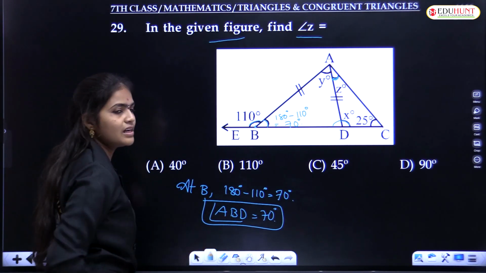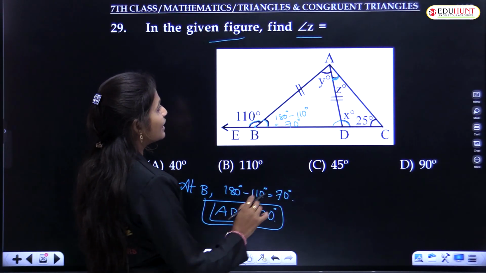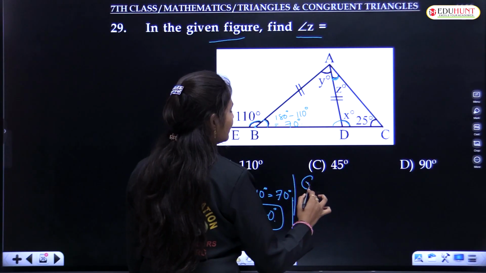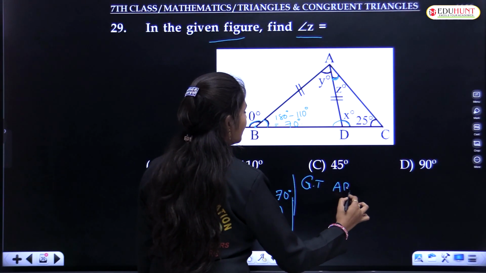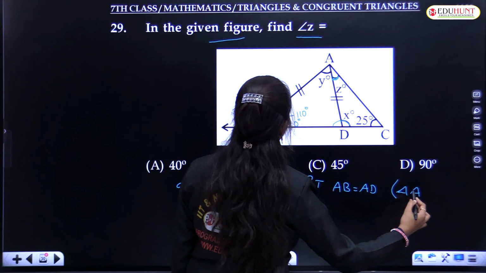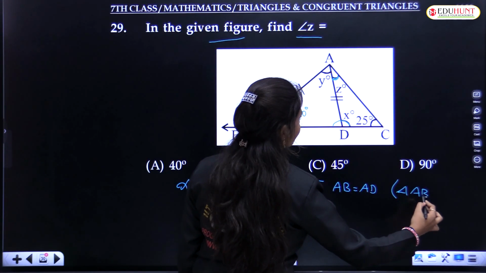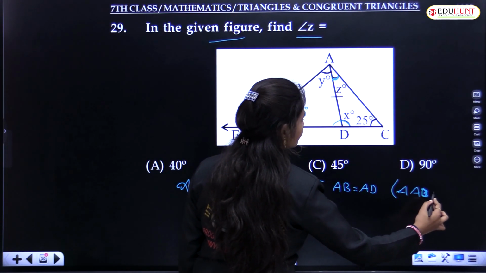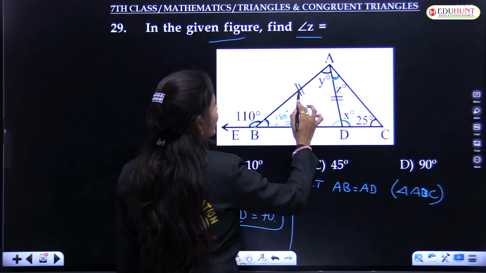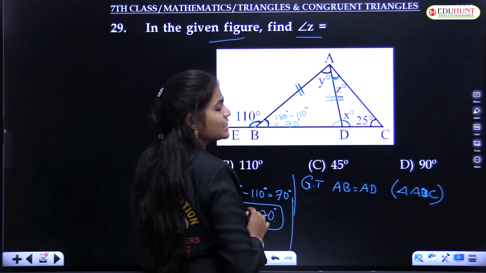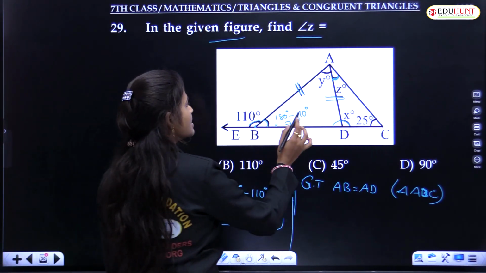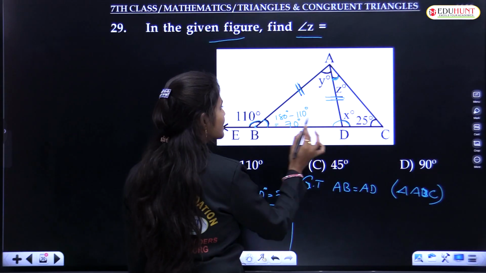So we have one value. Now the given condition is AB is equal to AD in triangle ABD. Since AB is equal to AD, these two are equal sides, which means it is an isosceles triangle, so the base angles are equal.